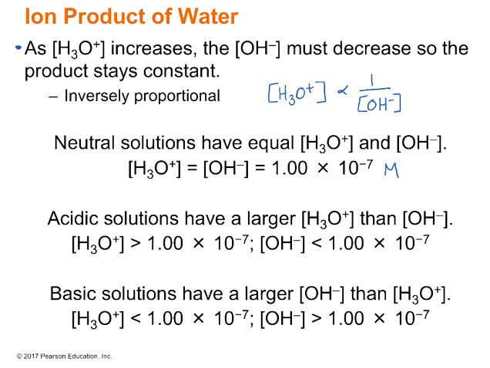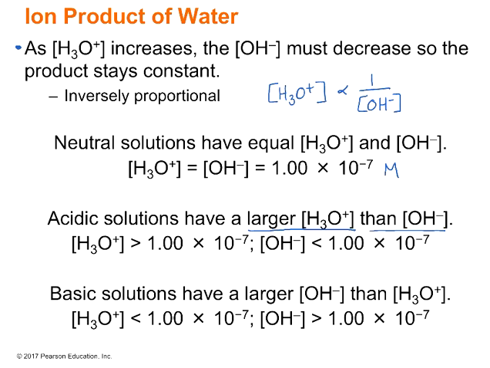Now, what if we have an acidic solution? If we have an acidic solution, that means that we're going to have a larger concentration of the hydronium ions, and we're going to have a smaller concentration of the hydroxide ions. And remember that even in acidic solutions, we will still have some hydroxide ions present just due to the fact that water is present.